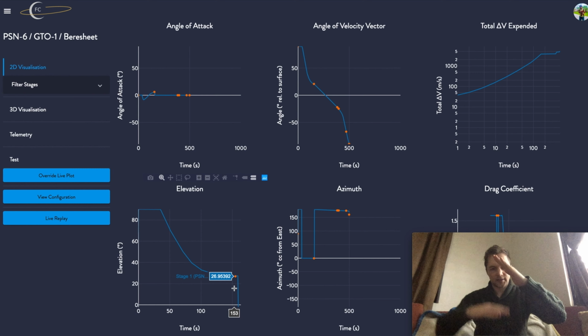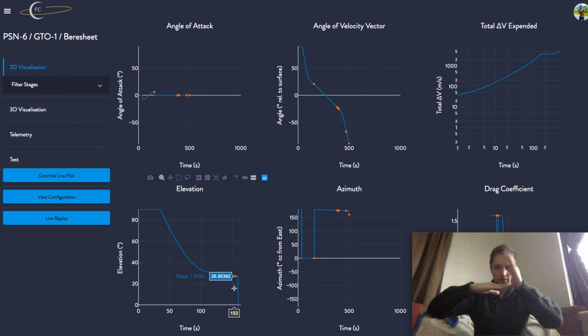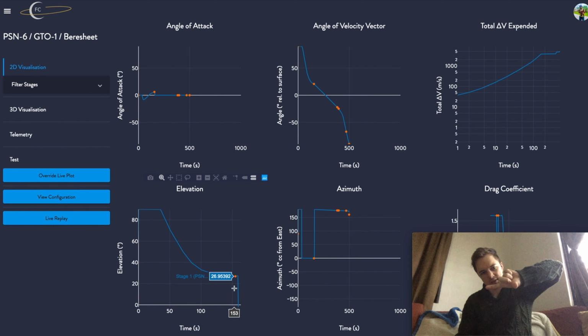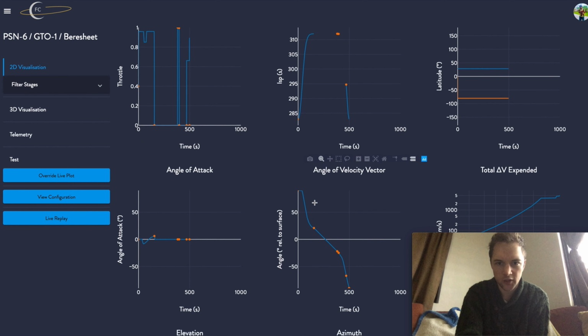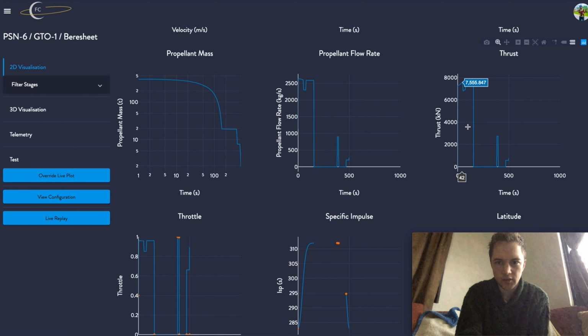So the angle is like that angle there. That's the angle that I care about. So 90, 45, 30. The vertical component of that is sine of that angle. So sine of 90 is 1, sine of 0 is 0. So if I know this angle at every point in time, then I know the vertical component of the thrust acceleration.